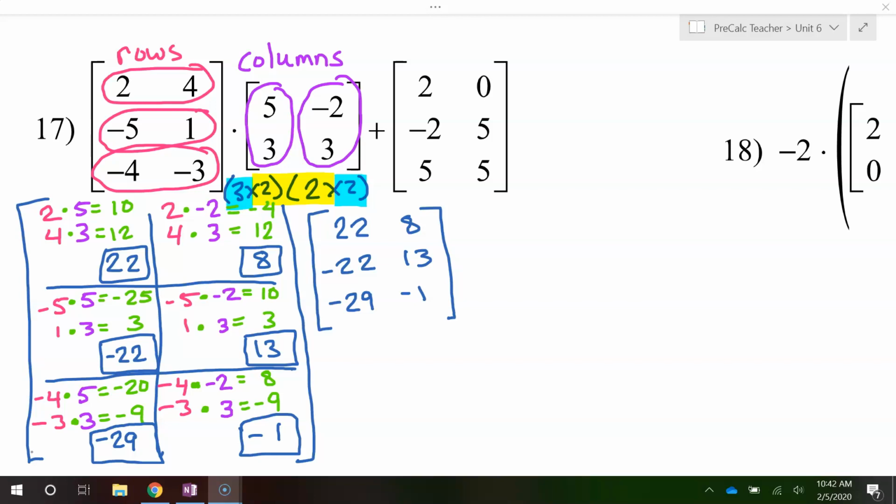All right, so that gives us the following 3 by 2 matrix right here.